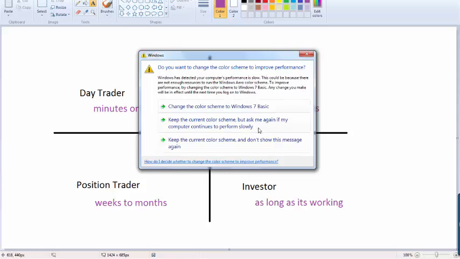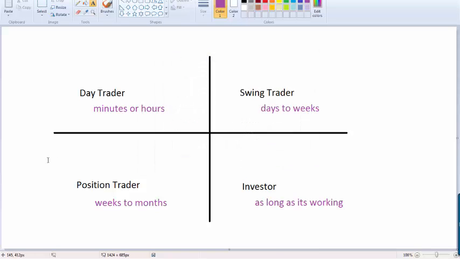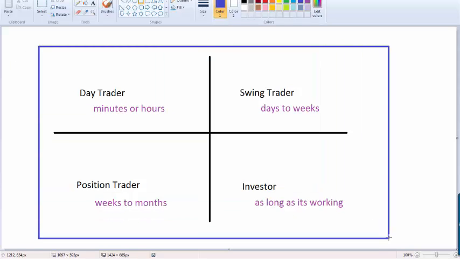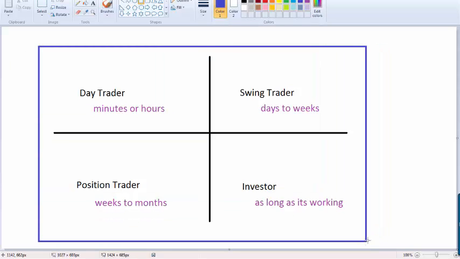Now, a lot of people look at these different areas and they say, Tim, I have to be a day trader. That is my nature. That is who I am. Or, Tim, I have to be a swing trader. Or I have to be a position trader. And the caution I would give you there is, number one, you don't have to be anything. You can be all things, okay? There are certain things that maybe you treat as a day trading product.